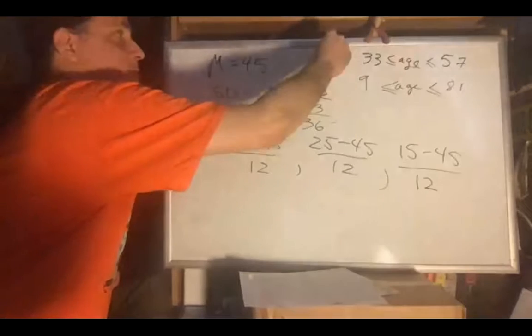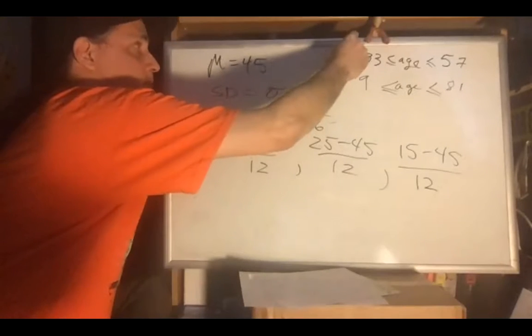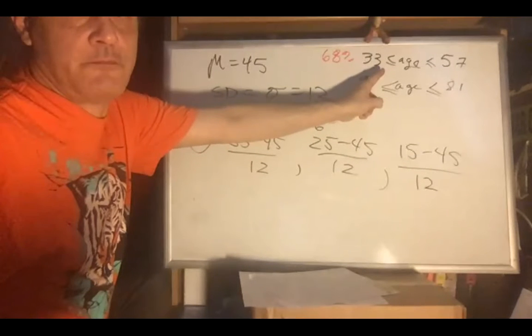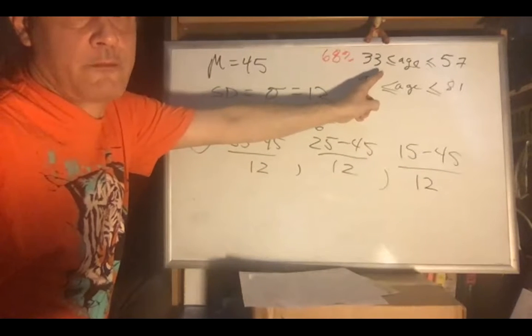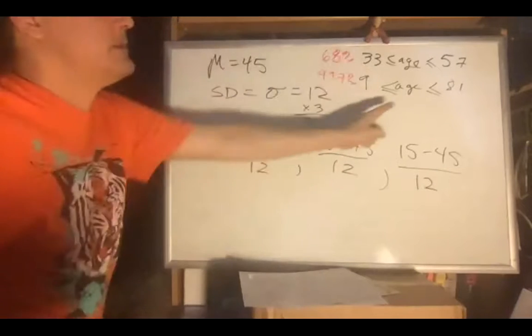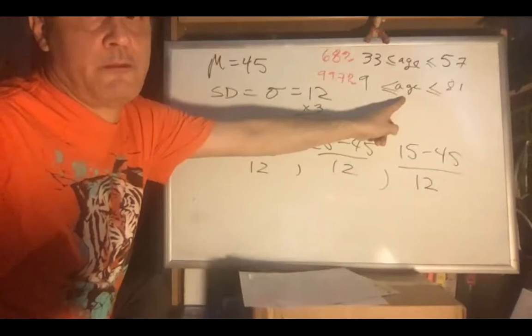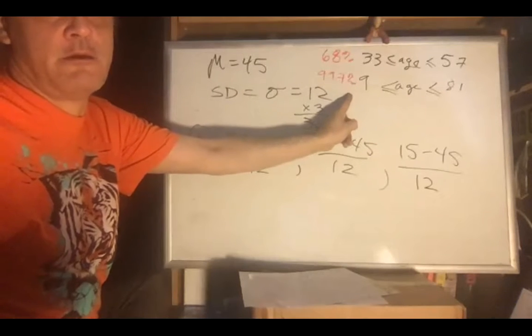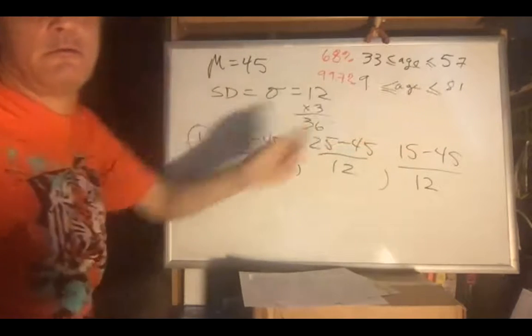So here 68% of the city is going to be in this range of age, whereas 99.7% of the city is going to be in this range of age. So only 0.3% is less than 9 or greater than 81.